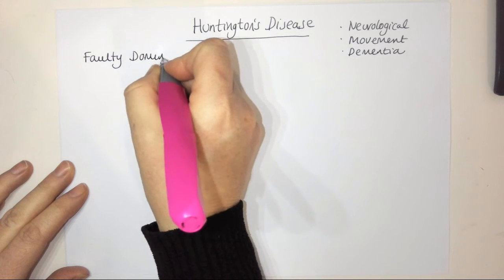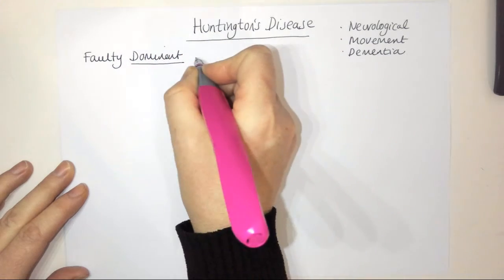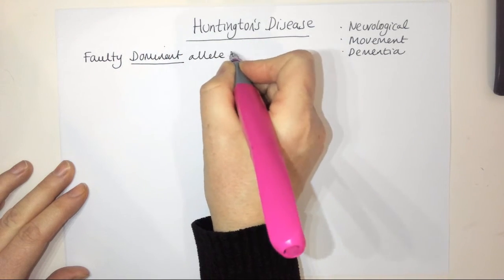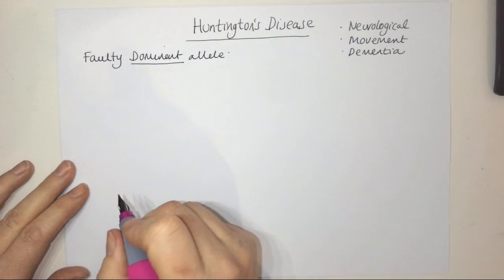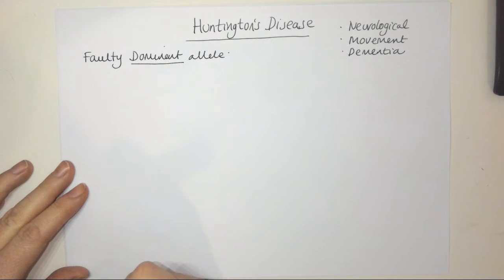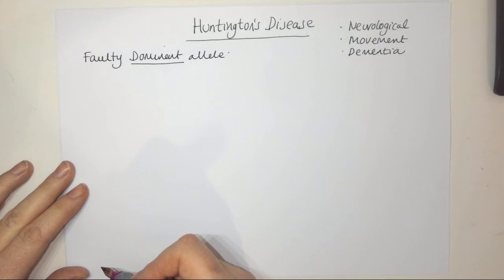dominant allele, rather than the example that we had before, which was cystic fibrosis, and that's caused by a faulty recessive allele, which is much more common when we look at genetic disorders and their inheritance.